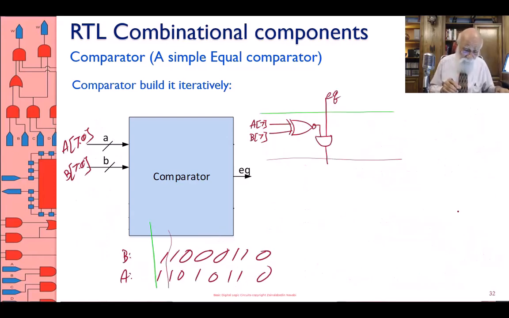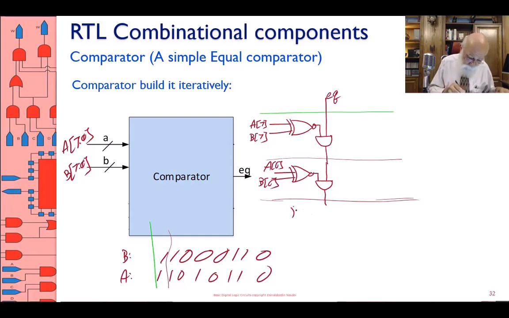All right. So this is the slice I have. What happens to my slice number 6 is this. A6, B6, and then this one says, well, I'm deciding that A and B are maybe equal, maybe not, but the decision is not only me. If so far all the bits prior to bit 6 have been equal, then I also announce that they are equal. What does bit 5 say? Bit 5 says exactly the same thing.